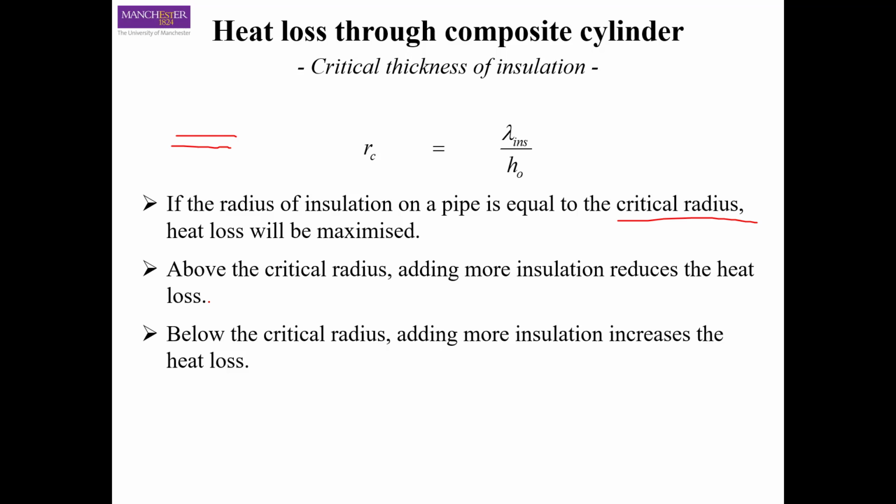So when your value of R is above RC, making the insulation thicker actually saves you energy because it reduces the heat loss. This value of RC is very important in the design of insulation systems. Okay, and this formulation that we developed is based on geometry, so this expression can only be used for cylindrical systems.